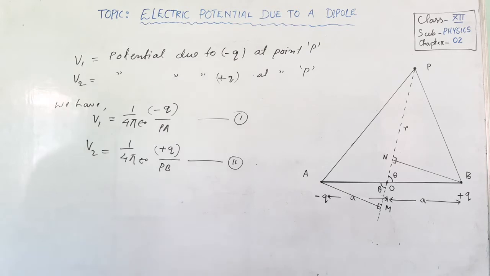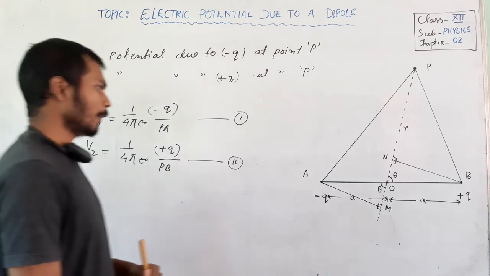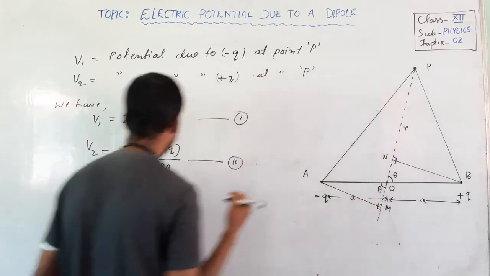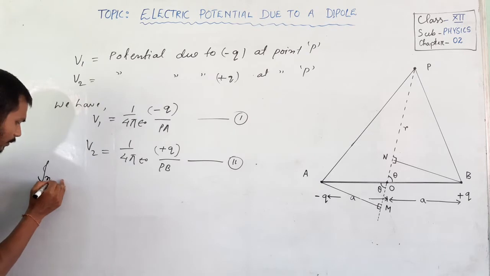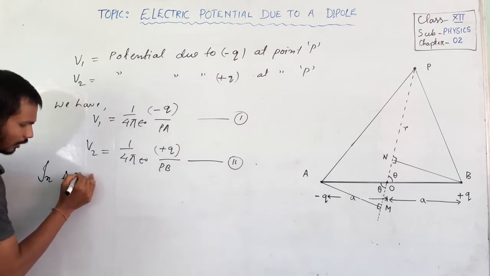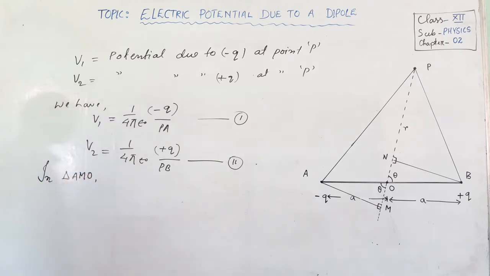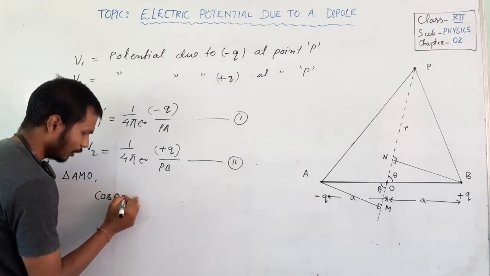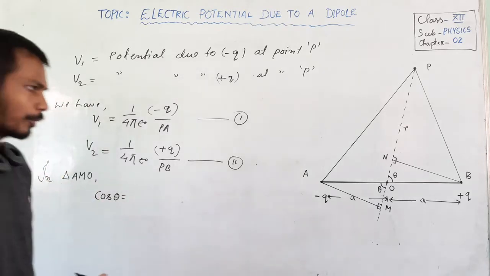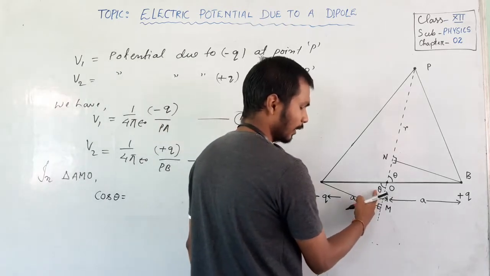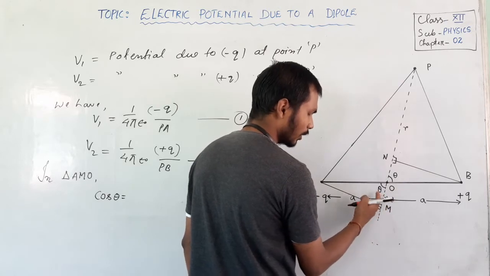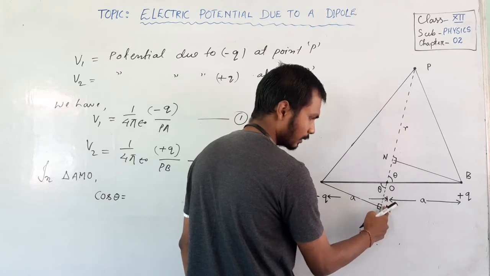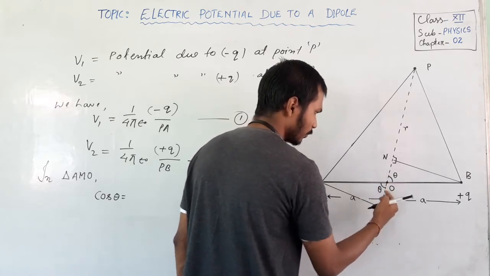Now see, in this triangle AMO, cos theta is equal to base by hypotenuse. If you consider this angle and take cos theta of this angle, it will be equal to base by hypotenuse. So what is the base?